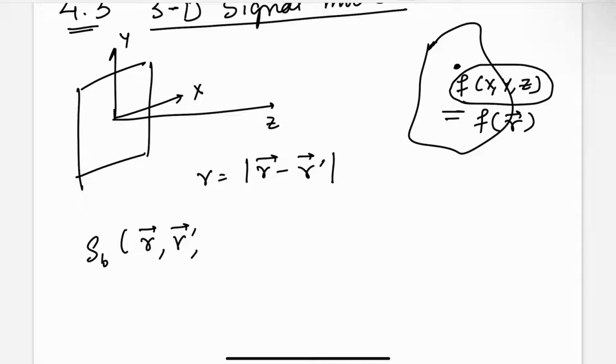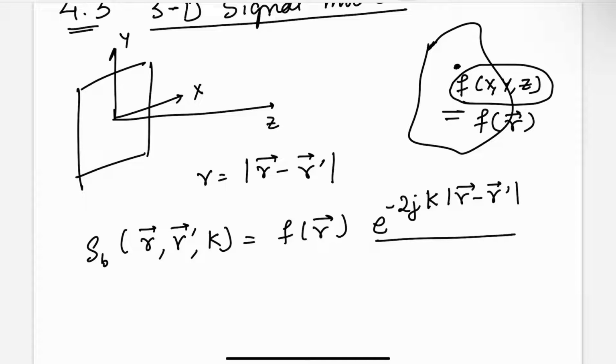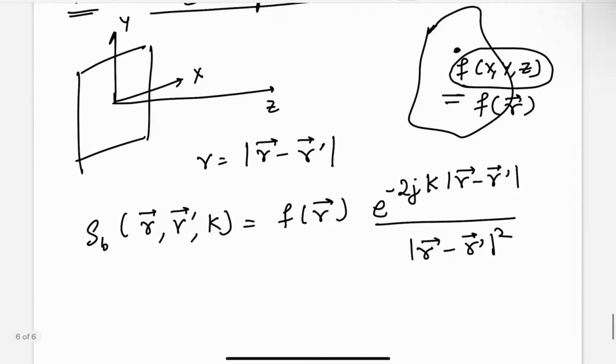So then my measured signal for that point is simply given by f of r times e to the minus 2 jk, the phase modulus of r minus r prime, over r minus r prime squared, right? So this is the single target signal model. And now since different points on the target have different reflectivities, we include that in here.